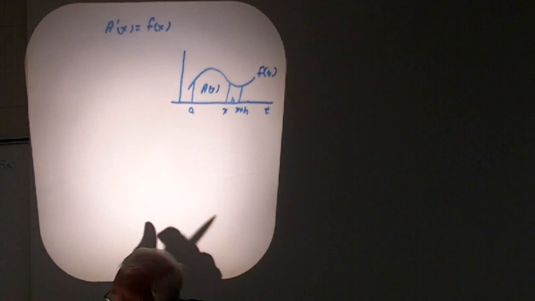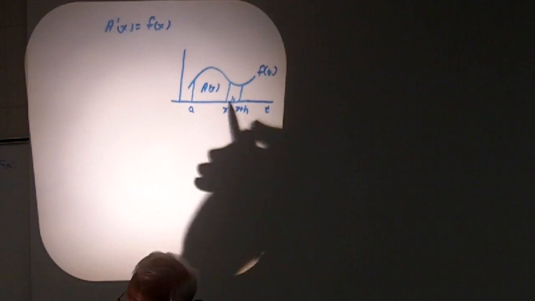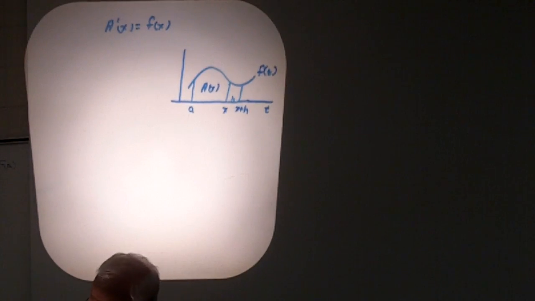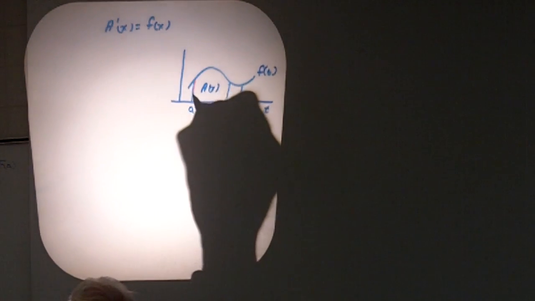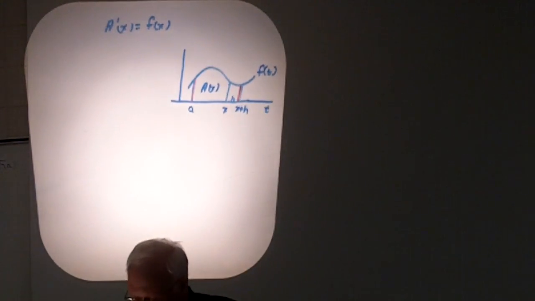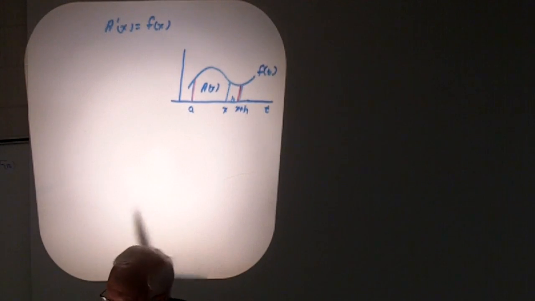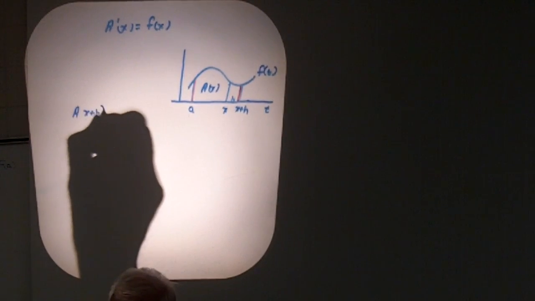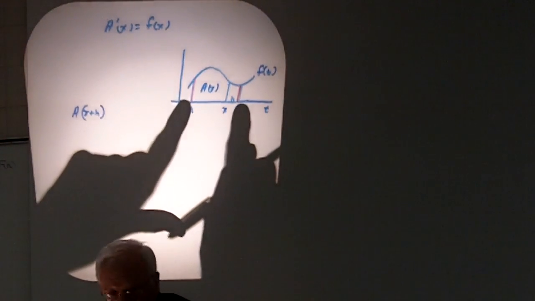We've got all this together, and now I'm going to take this area, running all the way from here to here. That area is going to be defined as A at x plus h. That's the red.